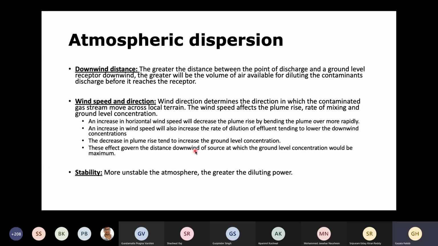So there are criteria for each kind of industry, what would be the stack height for the industry depending upon the concentration of the pollutant and the risk from the pollutant, and also the distance of residential and commercial establishments in the downwind direction from that source.